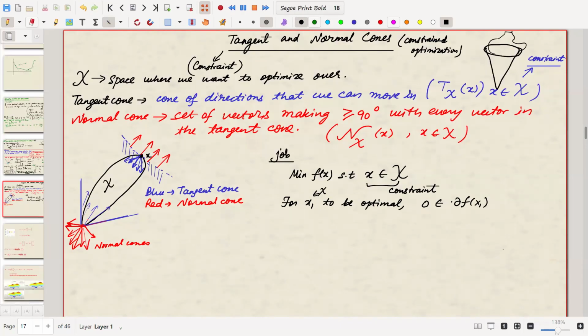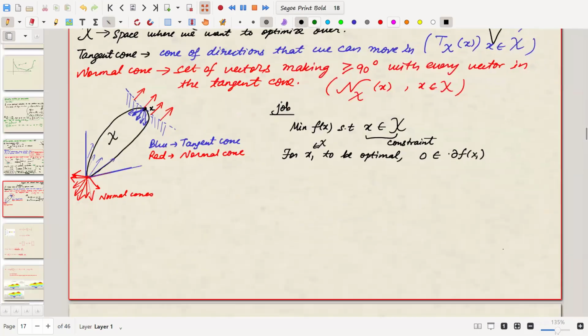Now you will see how this gets transformed for non-differentiable cases. I told you 0 should belong to the differential of f at x1. So x1 is any point here, and for that it is true.